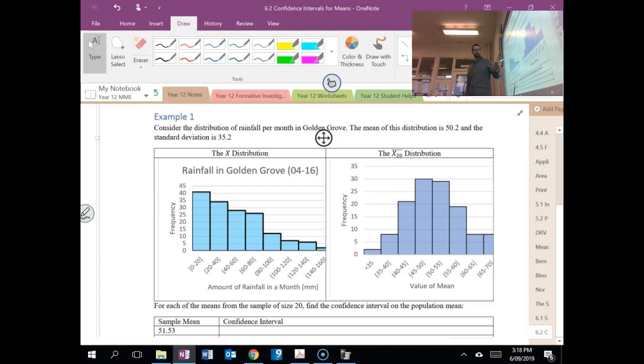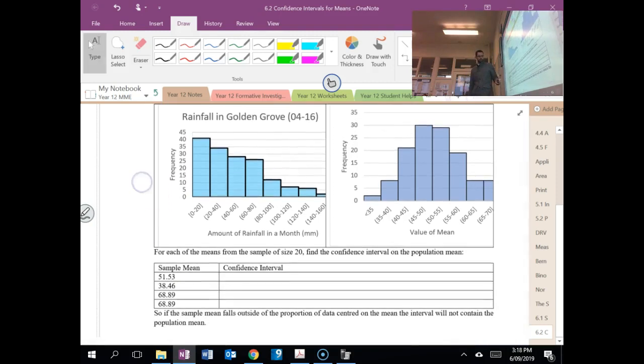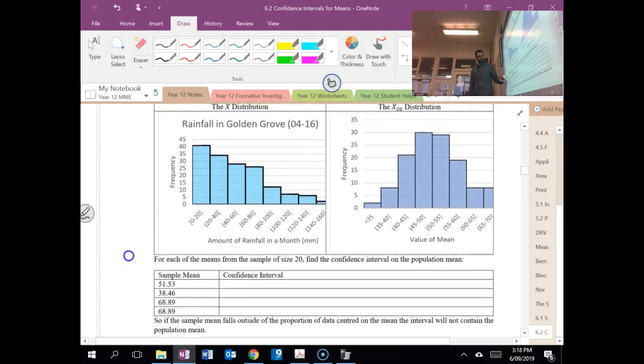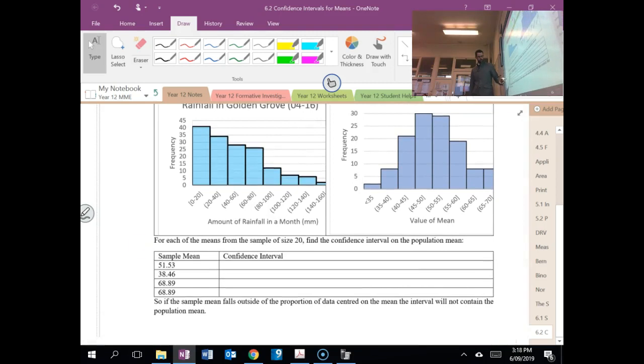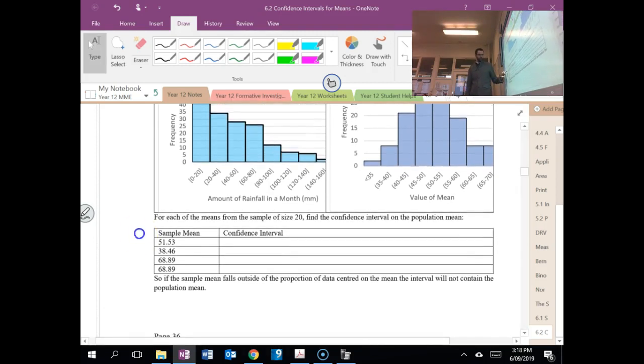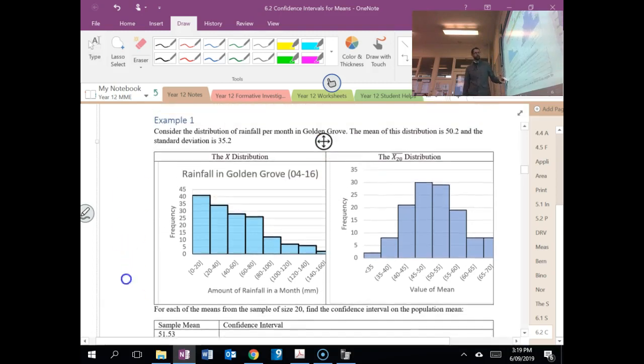This is the X distribution, this is the X bar, our distribution of means of size 20. If I find a sample of 20 and find its mean, then I can get a confidence interval around that. So 50.53. Let's see how we actually get our confidence interval.